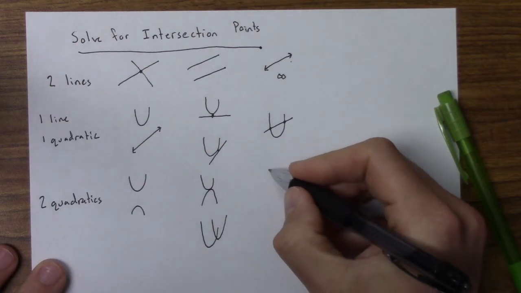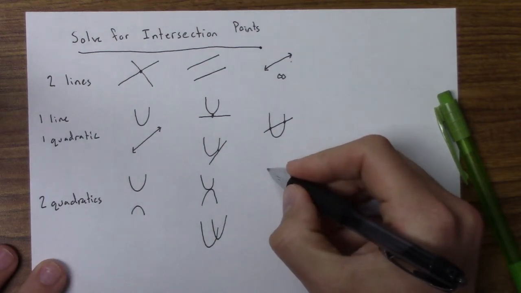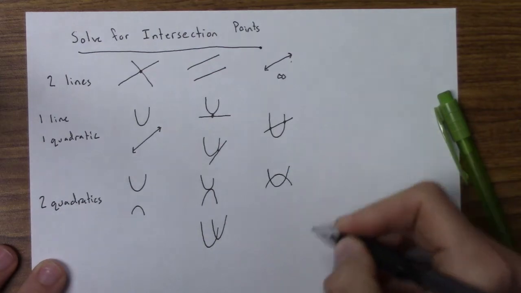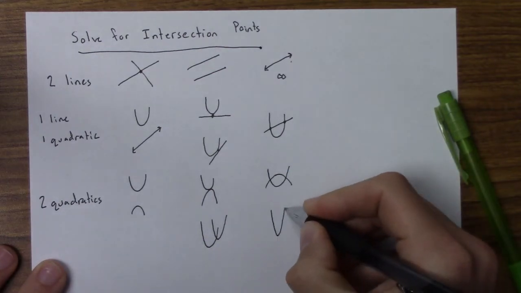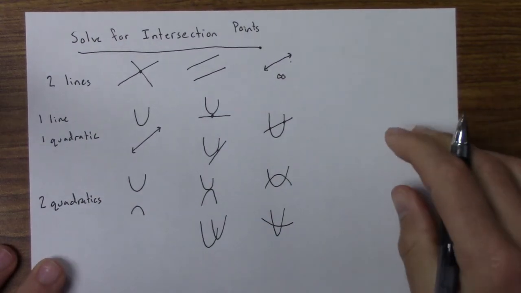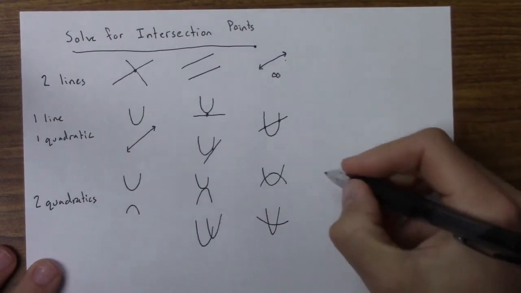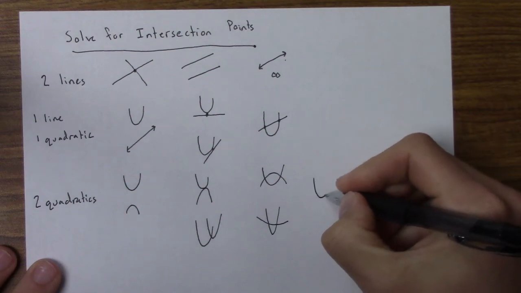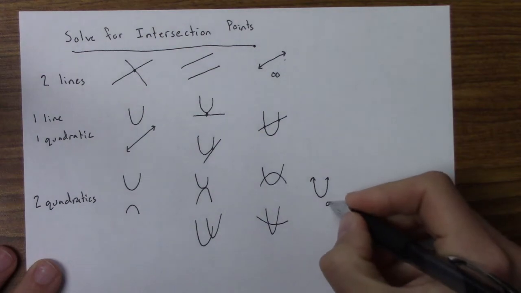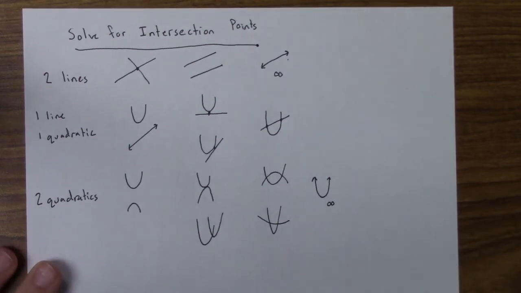And then they could intersect in 2 points, in which case you might have one up, one down. You could also have one skinny and one wide, or some other combination thereof. And then, like with two lines, you could have the case where your two equations are in fact the same parabola, and there are infinitely many solutions.